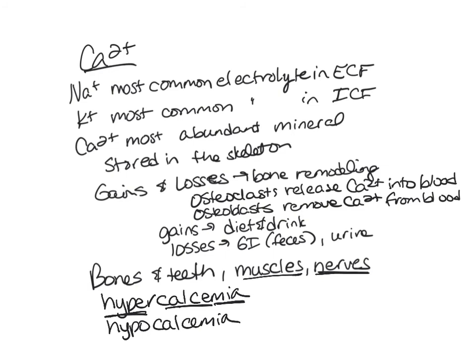Now, calcium levels are controlled by hormones. Both PTH and calcitriol control when calcium is being reabsorbed in the body. So if PTH and calcitriol are present, then there will be an increase in calcium in the blood.